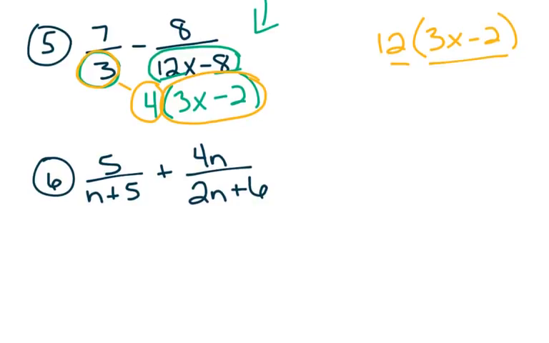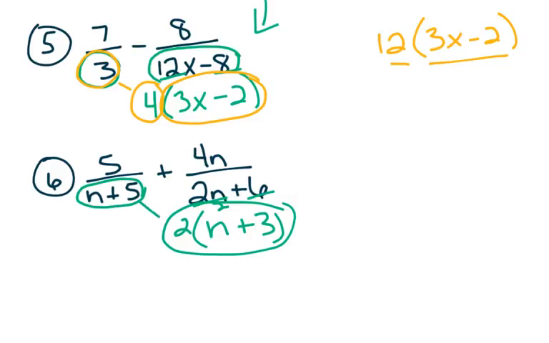Okay, here is another one. Go back to green, I've got n plus 5, and I've got 2n plus 6. But notice here, I have a common factor in 2n plus 6, don't I? So I am going to factor out a 2. 2n divided by 2 is n. 6 divided by 2 is 3.